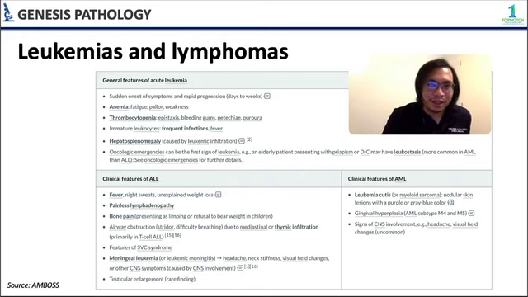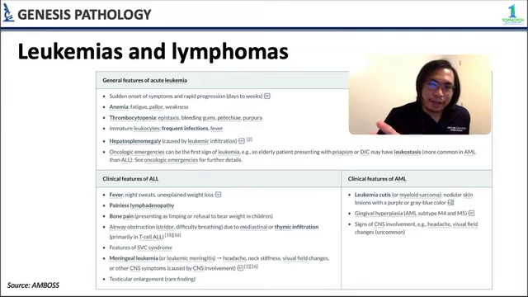We have oncologic emergencies that can be the first sign of your leukemia. For instance, an elderly patient who develops priapism, or DIC. Usually these are myeloid leukemias that cause DIC, especially your APML. Leukostasis is more common in your AML.